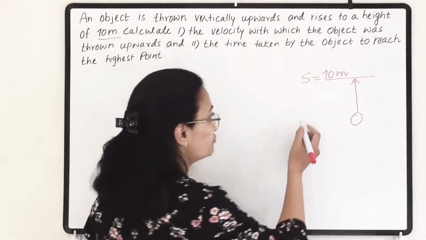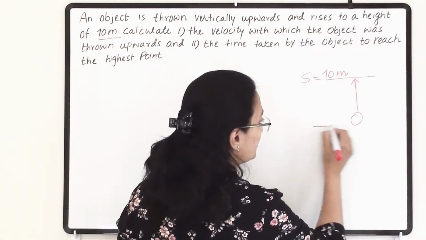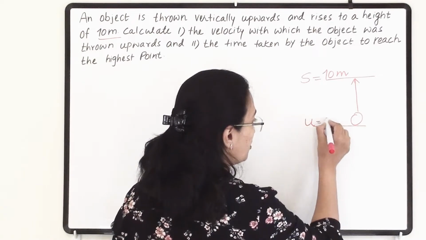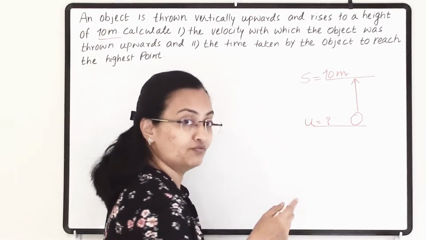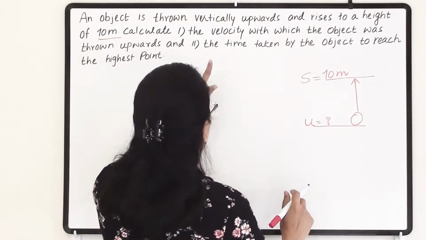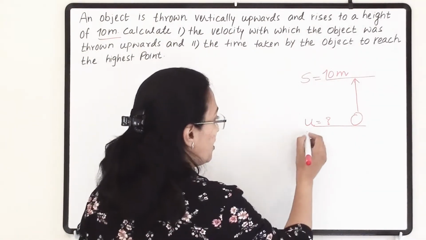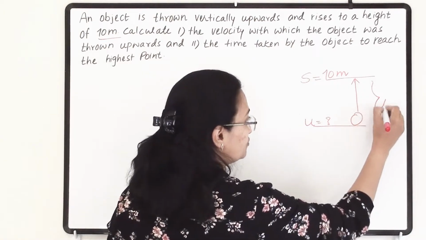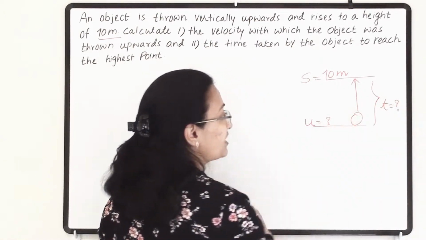So we have to find out the initial velocity. What will be the initial velocity with which we have thrown it upward, and the time taken by the object? How much time it will take to travel this distance, that we have to find out.